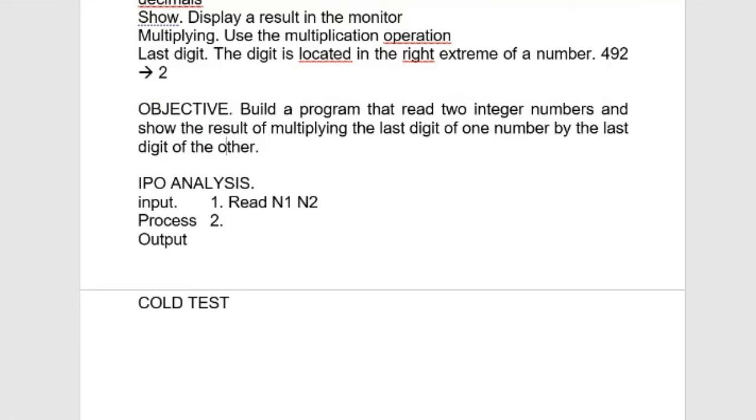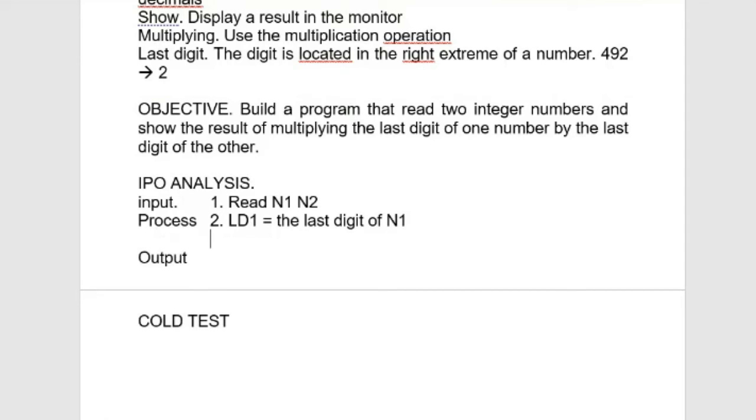Now let's see the second step. Look at the objective. You need to show the result of multiplying the last digit of one number by the last digit of the other. So you have to obtain the last digit of the first number. This is the name I choose: LD1 is equal to the last digit of N1.